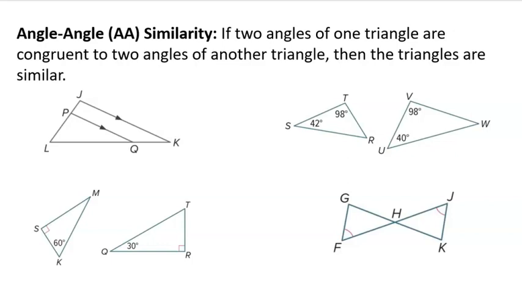Angle-angle similarity is if two angles of one triangle are congruent to two angles of another triangle, then the triangles are going to be similar.